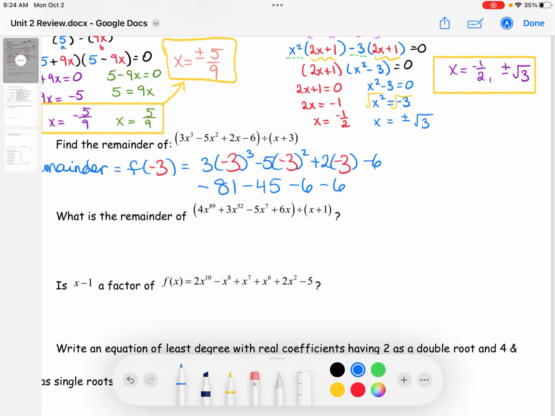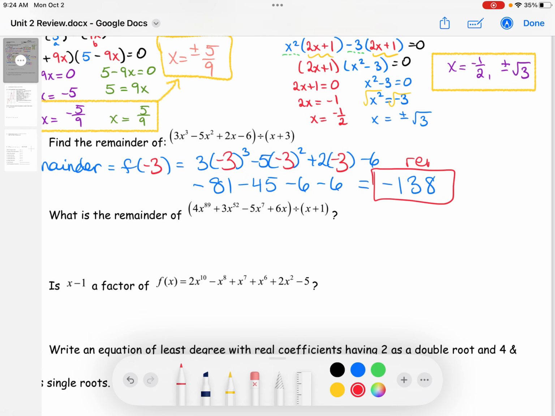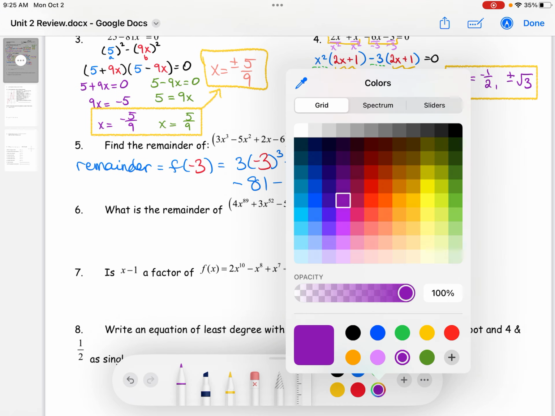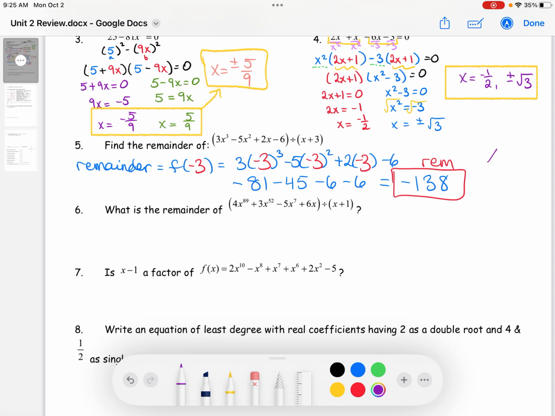So, negative 81 minus 45 minus 6 is negative 138. This is your remainder. And what that also tells us, this question didn't ask, but it could have, x plus 3 is not a factor.